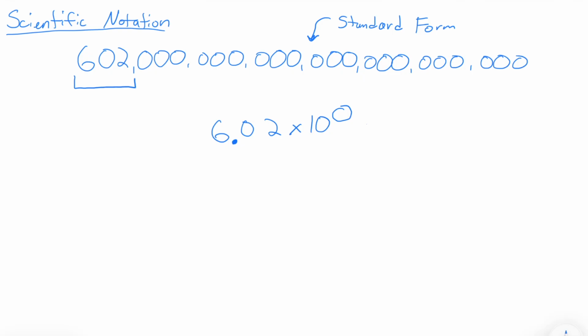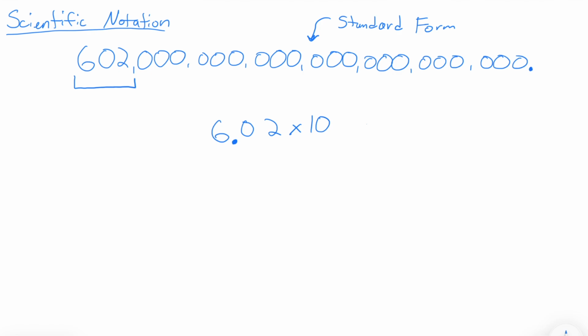And if we look back at our standard form number, our original expression of 602 hexillion, there is a decimal in here. It's just implicit, right? We didn't write it out because this is such a large number that we don't need to include a decimal. But the decimal really would be at the very end of this number, right?